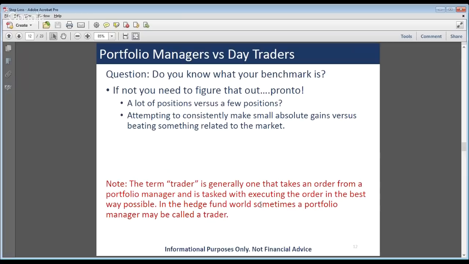You take the order and you just determine the best way to execute, or you're okay just executing via market. Or do you want to be a trader that might be more similar to what you see on Twitter or other places? In the hedge fund world, the terms portfolio manager and trader might be interchanged.